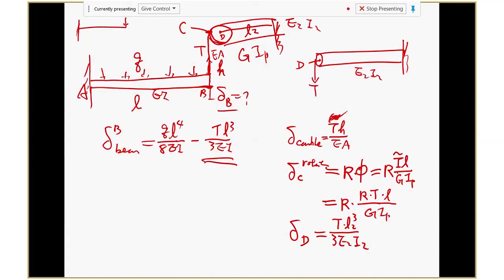See, we use this equation. For the delta C, is that supposed to be L2 or L? Okay, question is, is this one supposed to be L or L2? L2. Good catch, right? So we talk about the shaft. Shaft length is L2.